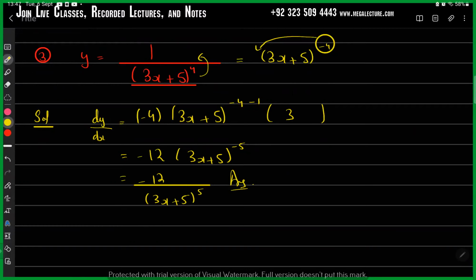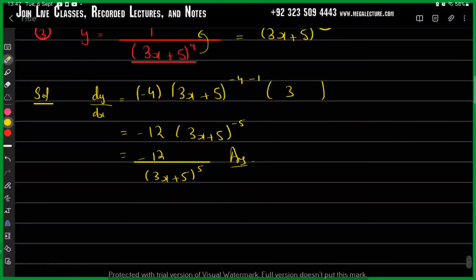Now you could have done the same question using the chain rule. The underlying logic behind the solution is certainly the chain rule, right? But I did not waste time in defining variables. Still, for the sake of completeness, let's talk about it that way as well. So I would define u as 3x plus 5.